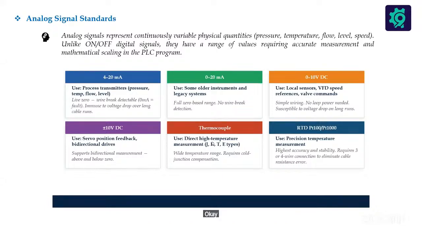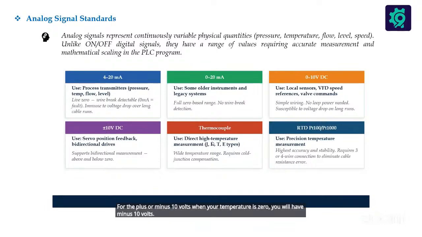But when you look at the other ones, let's say 0 to 20 milliamp, if your temperature is 0, you get 0 milliamp. For the 0 to 10 volt, if your temperature is 0, you get 0 volt. And for the plus or minus 10 volt, when your temperature is 0, you will have minus 10 volts.